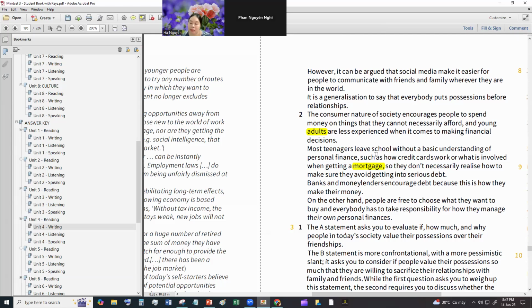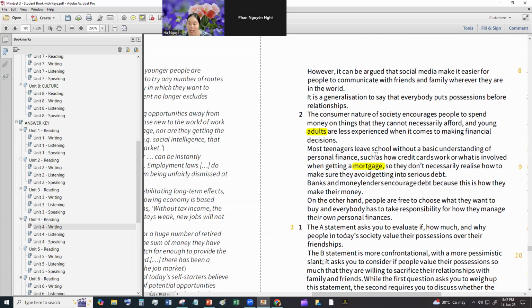You ask for a loan from the bank. You get a mortgage from the bank. So the bank will send a person to inspect the house, and they will look at your personal finance situation and give you some money to buy the house. And you will pay them back the money that you borrowed and the interest.